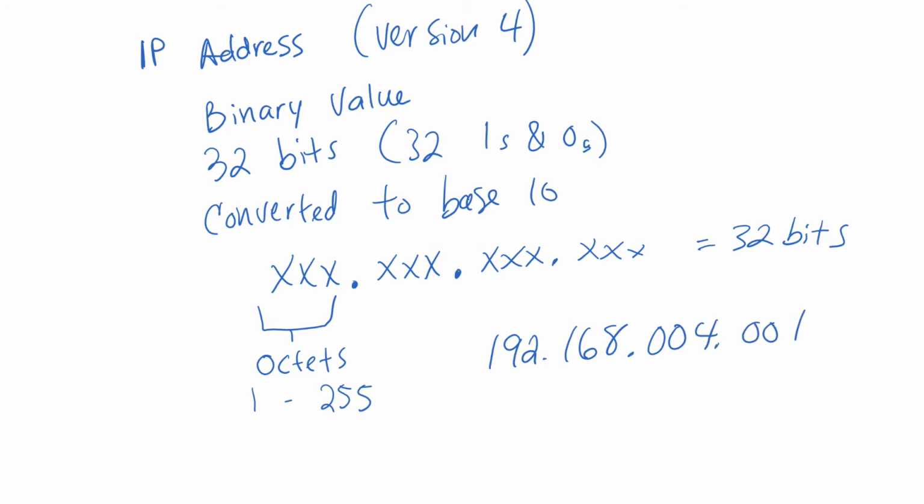To your computer, though, that number is actually in binary. So it's 11000000.10101000.00000100.00000001.